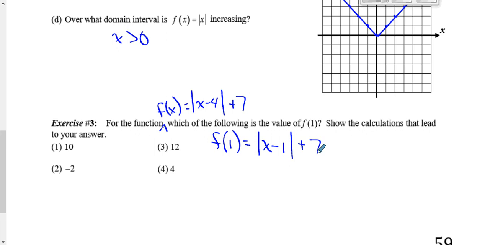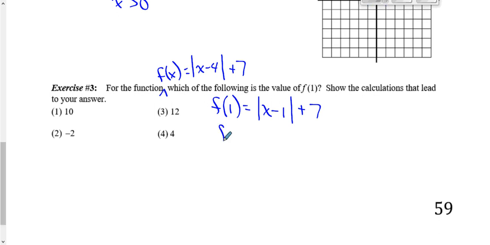So let's go step by step through the order here. f of 1 equals the absolute value of 1 minus 4. All right, 1 minus 4, so it's the absolute value of what? Negative 3. So I'm doing the work inside the brackets first, right? The plus 7 just sits out there for now.